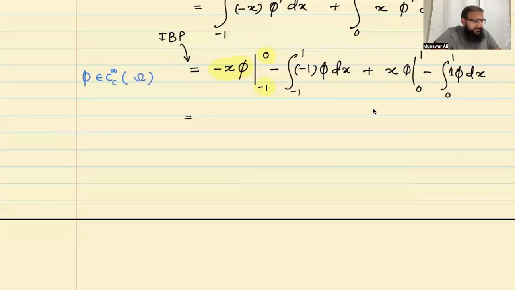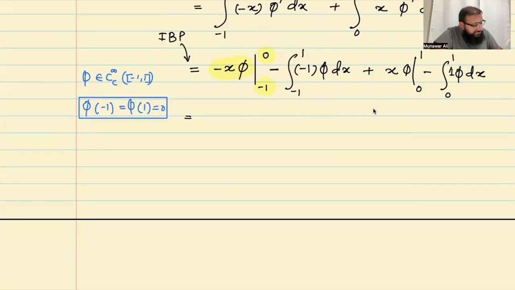This is how we define phi. But the question is, what is omega? In our case, omega is -1 to 1. It means this phi should be equal to 0 at -1 and 1. This is the main thing that we are using.